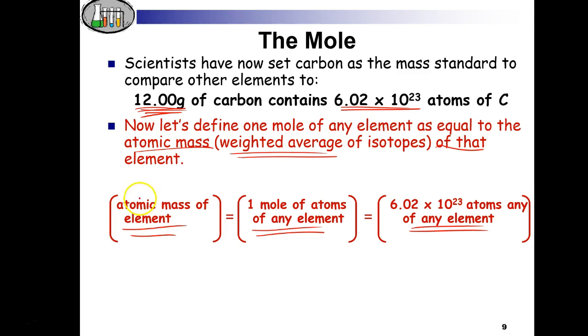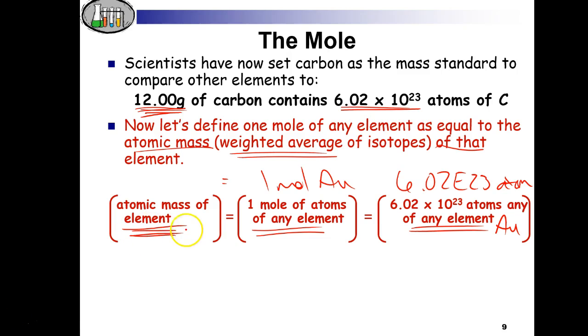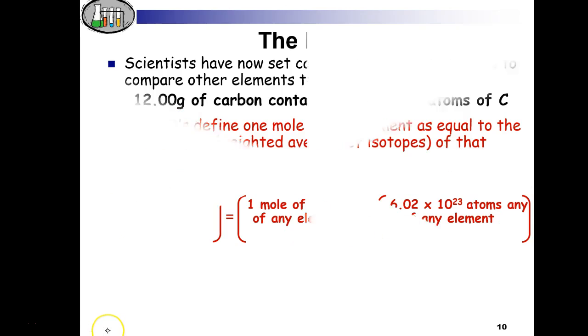So if I had 1 mole of gold again, that means I have 6.02 times 10 to the 23rd atoms of gold. And the atomic mass of gold, if you look on the periodic table, remember this is the decimal number, is 197 grams. I think that's right. I'm going from memory here, bear with me on that.